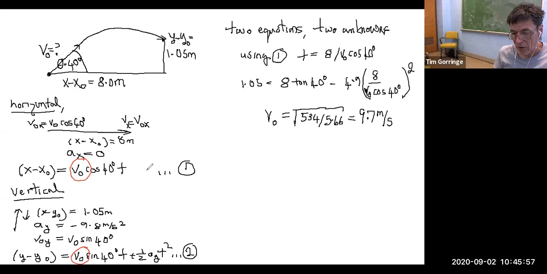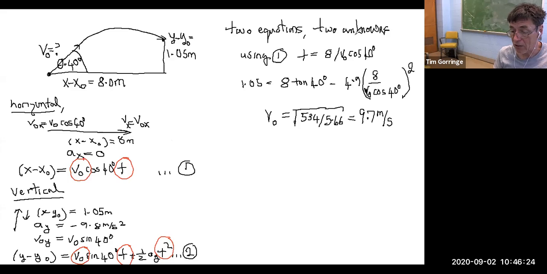Now, equation 1 on its own, we couldn't solve for the unknown velocity. Equation 2 on its own, we couldn't solve for the unknown velocity, because equation 1 also contains the time for the trip that the basketball took. Equation 2 also contains the time for the trip that the basketball took, and we don't know the time.